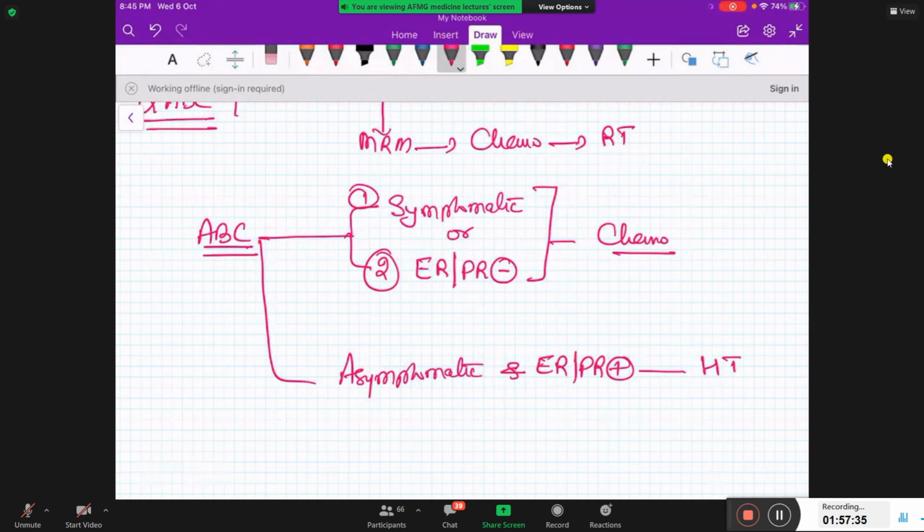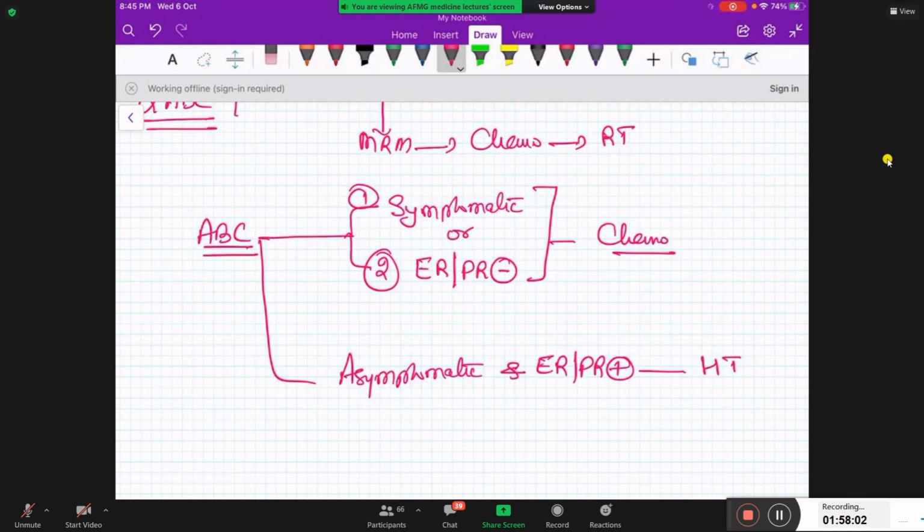Every malignancy is staged from stage 1 to stage 4. In any malignancy, what is our primary objective in treatment? Our primary objective is survival, right?